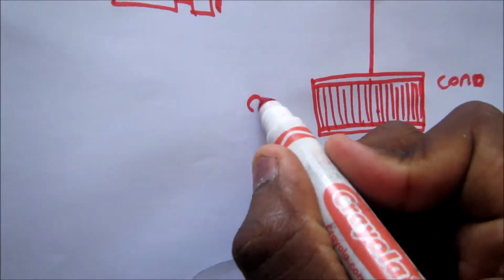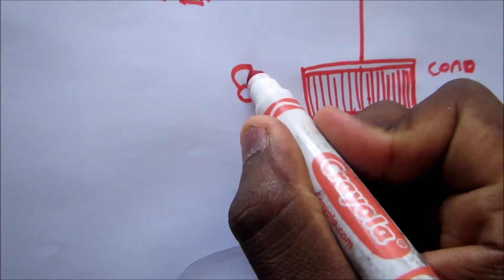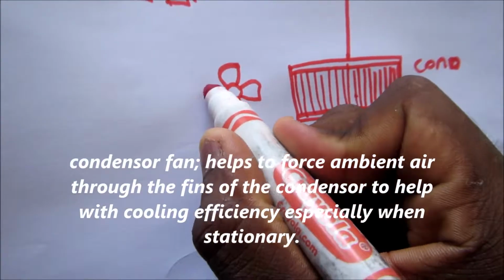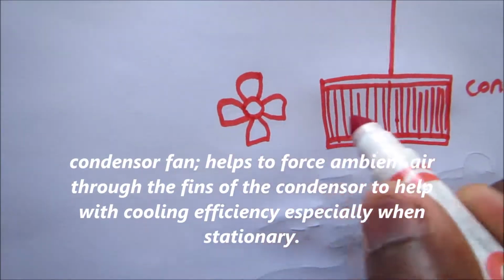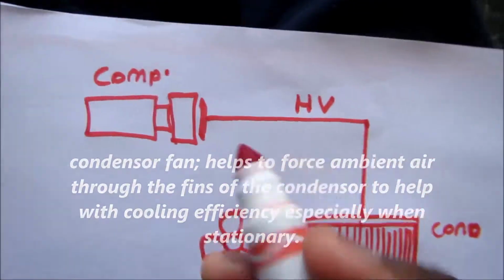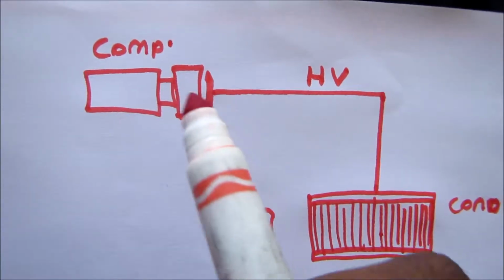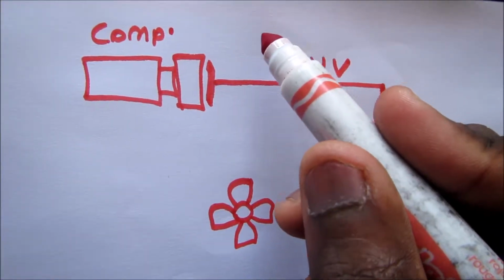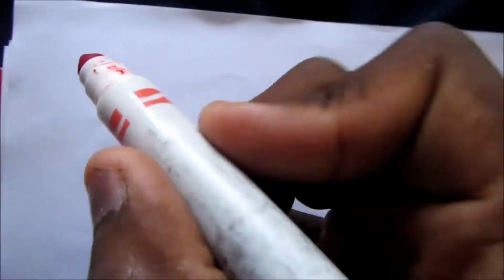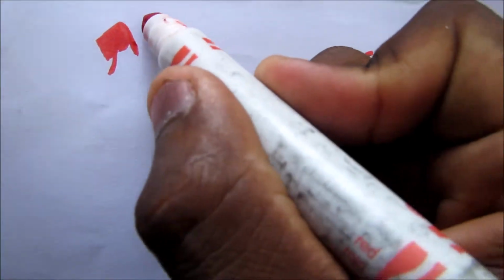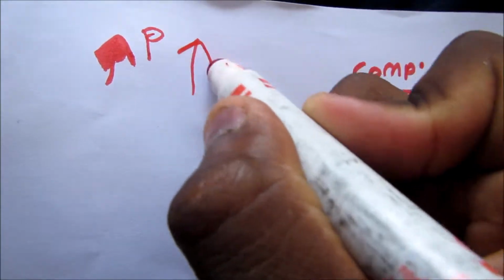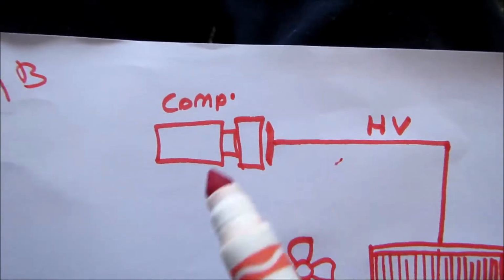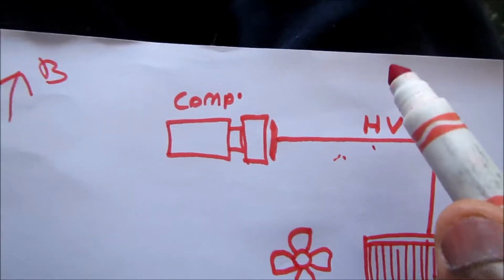It uses a condenser fan. This fan blows ambient air through this. So basically what happens here, right? The compressor raises the pressure of the vapor, and whenever you raise pressure, you raise the boiling point.